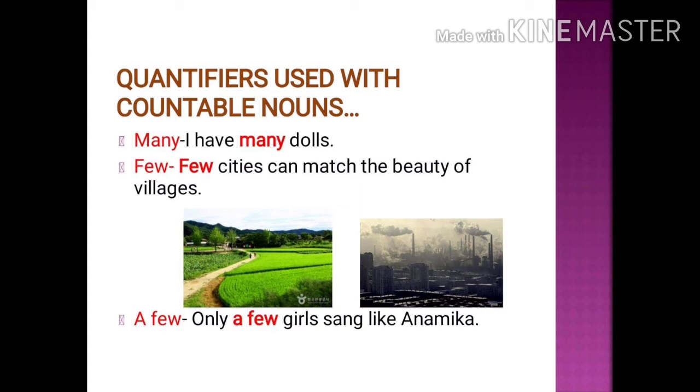I cannot say many oil, a few oil. It's wrong, children. The six quantifiers we learnt now can be used in front of plural nouns as well as singular nouns, because they are used in front of countable nouns, right? Countable nouns can take plural form also.